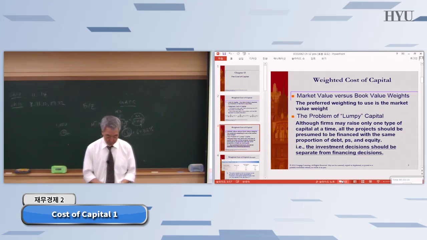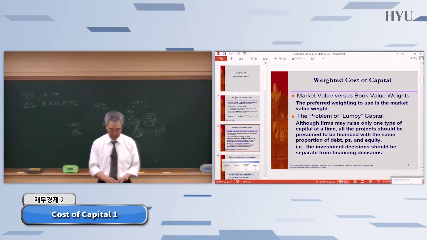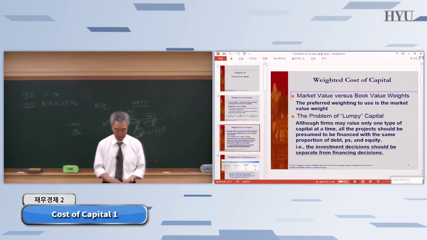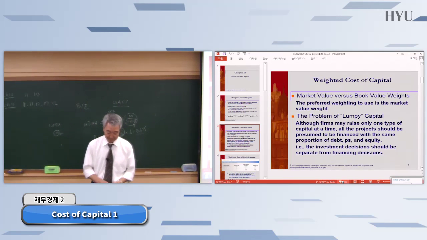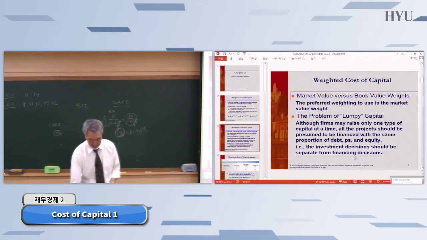Also, the problem of lumpy capital. This is not that complicated a concept, but maybe you have to understand it. What this means is, basically, that the investment decision should be separate from the financing decision.